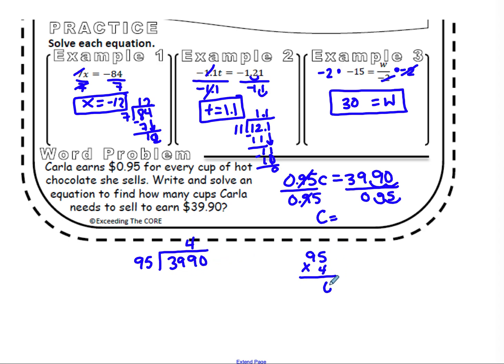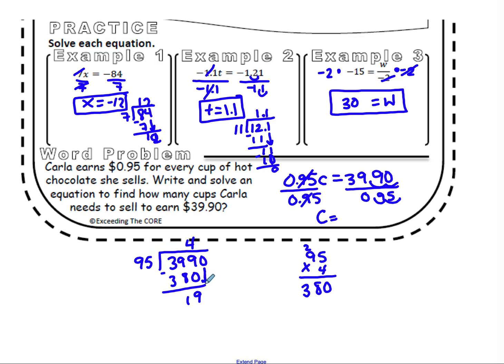5 times 4 is 20. 4 times 9 is 36, plus 2 is 38. 380. All right, and then I need to subtract. 9 minus 0 is 9. 9 minus 8 is 1, 0. If you do your subtraction and you see an answer bigger than what you originally had, that means it could go in another time.